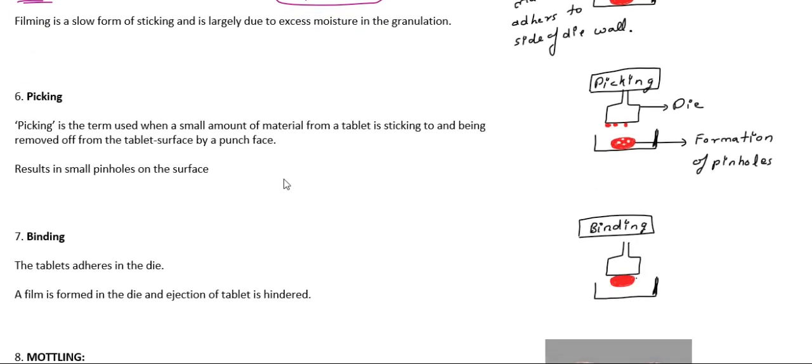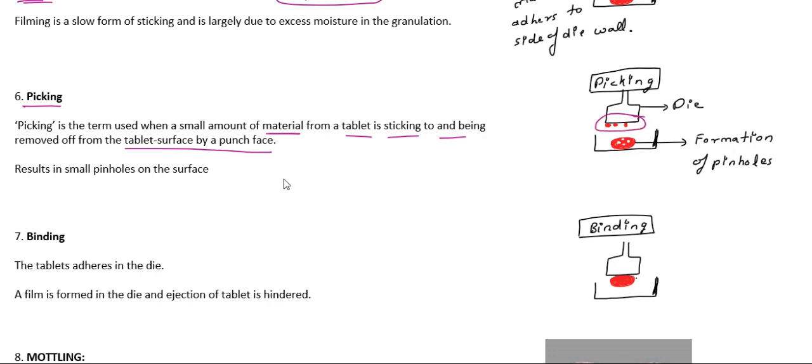And next is picking. So as the term indicates, picking means when the die goes out, a small amount of tablet material will get stuck onto the die and will be removed from the tablet surface by the punch face of the die.